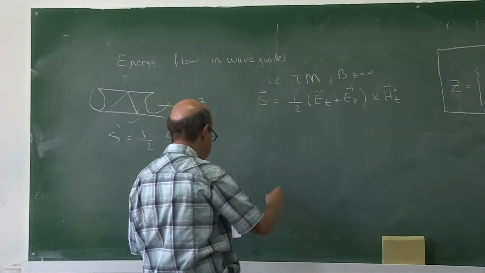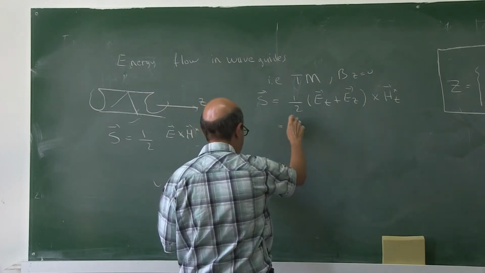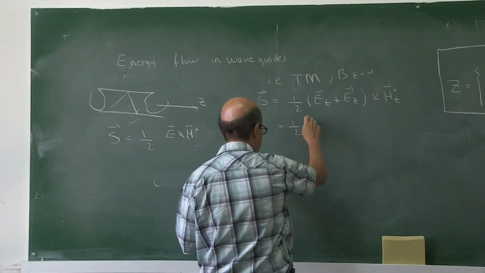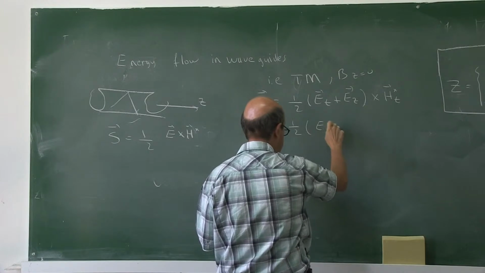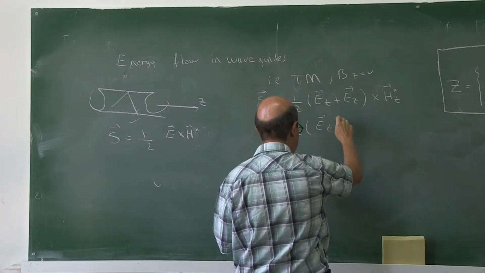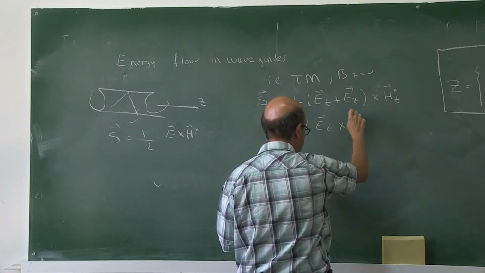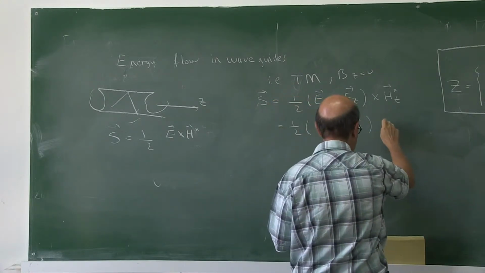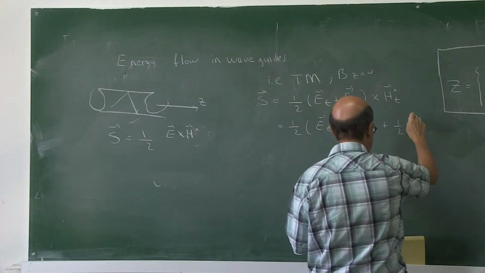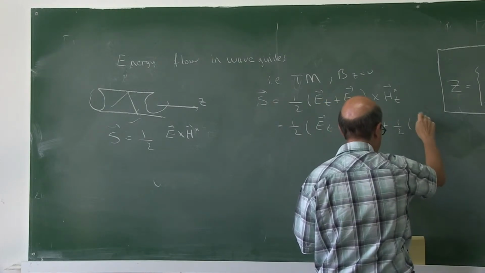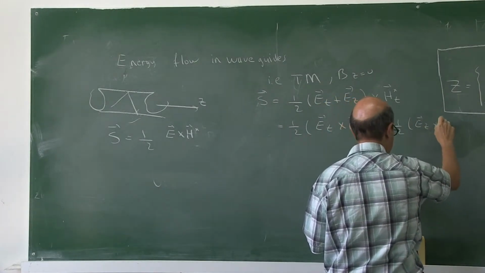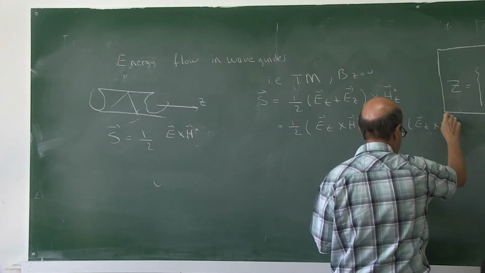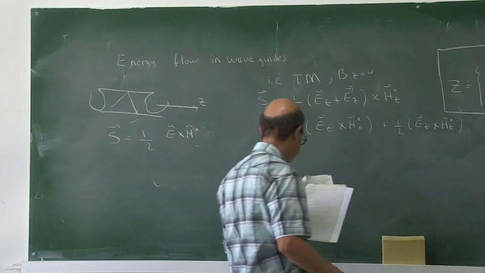So what is this? That is equal to 1/2 E transverse cross H transverse complex conjugate, plus 1/2 Ez cross H transverse complex conjugate.